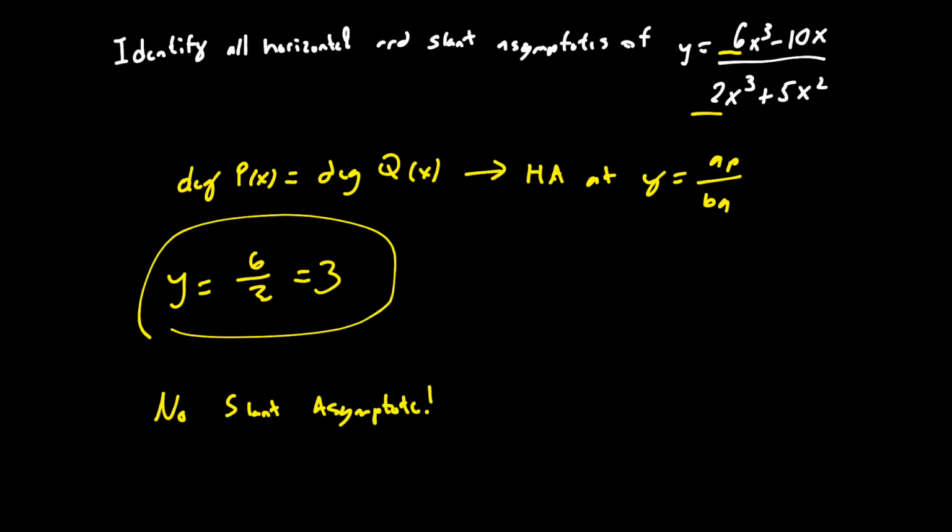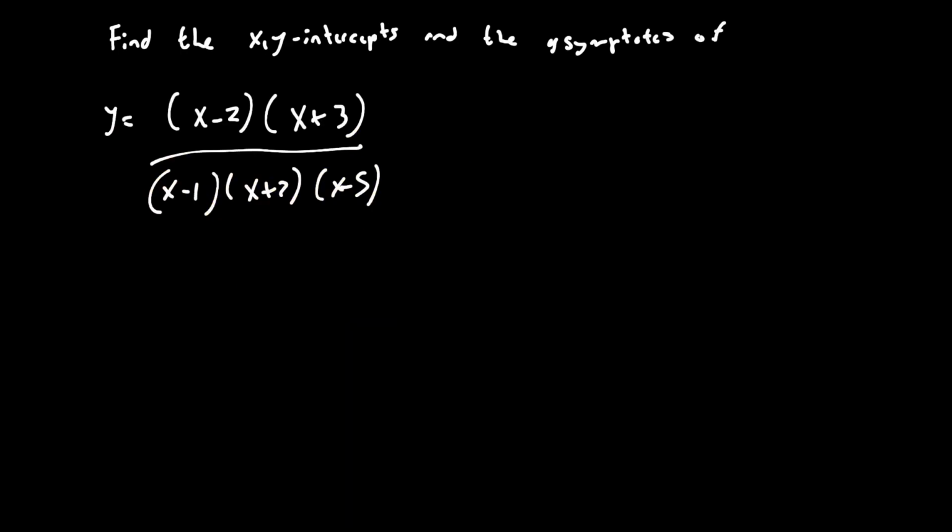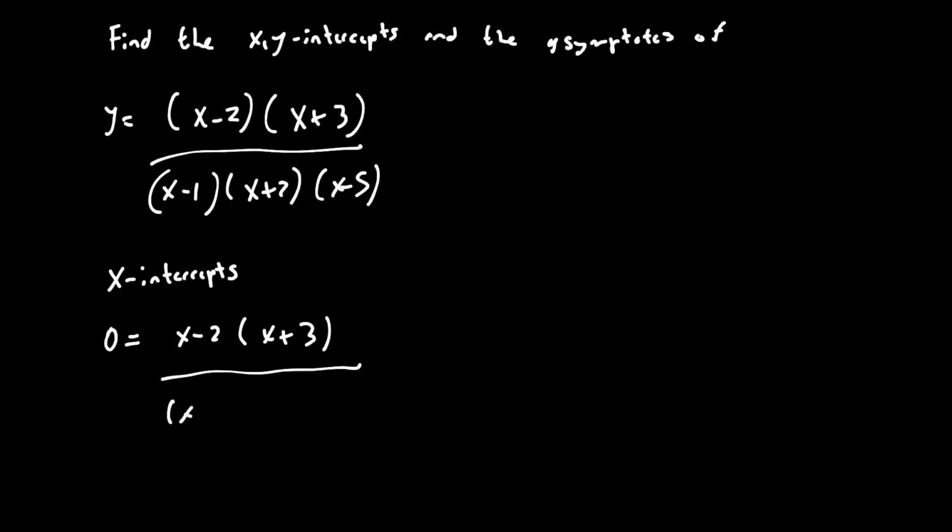Let's look at one more problem where we find all the x and y intercepts and the asymptotes of a given rational function. To find the x-intercepts, we set y equal to 0 and solve for our x's. Here, we have 0 is equal to (x minus 2) times (x plus 3) divided by (x minus 1) times (x plus 2) times (x minus 5).